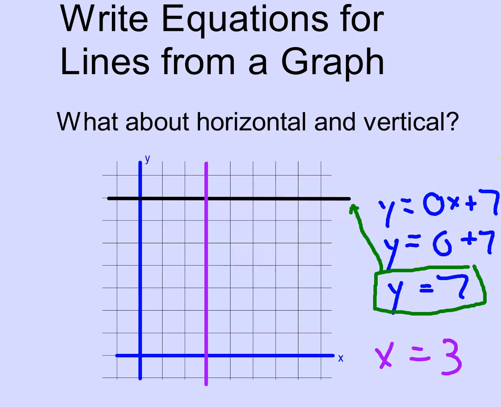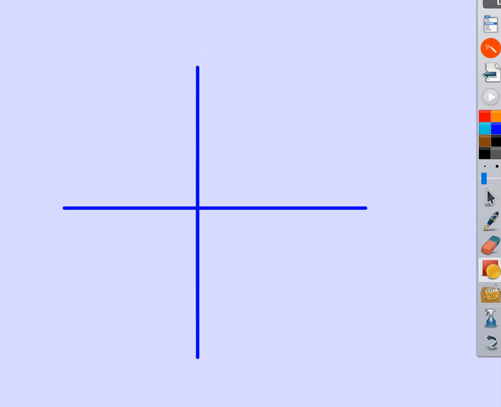So when you get a horizontal line, let me just get a graph going here. If I have a horizontal line at, say, 4, we just say, look, the y equals 4.